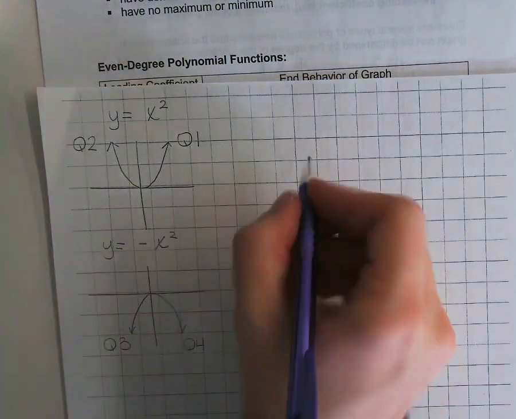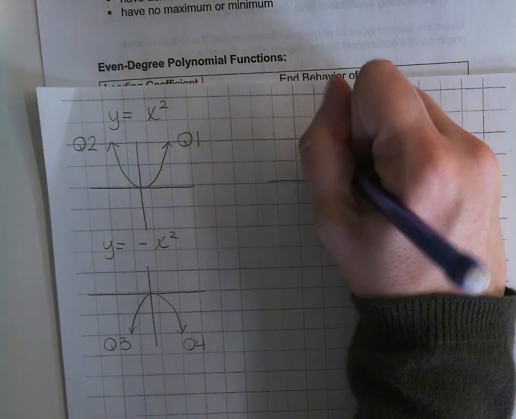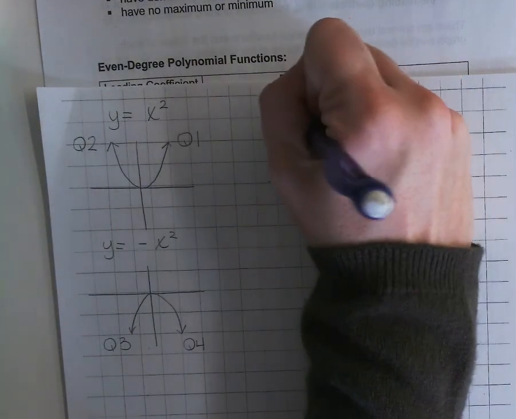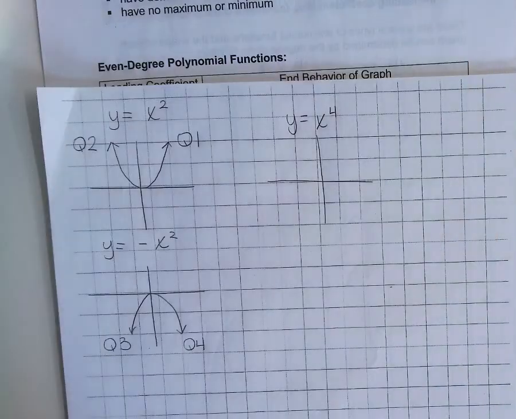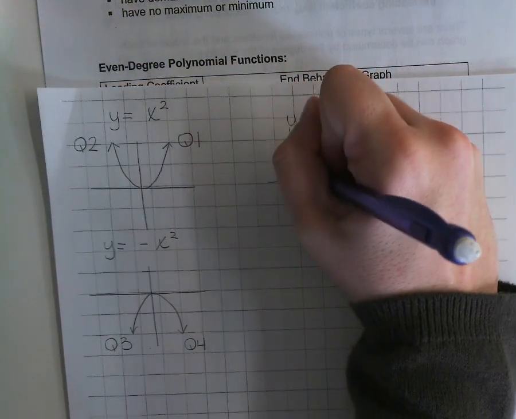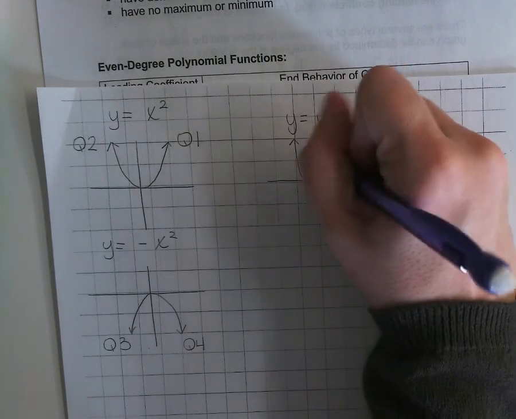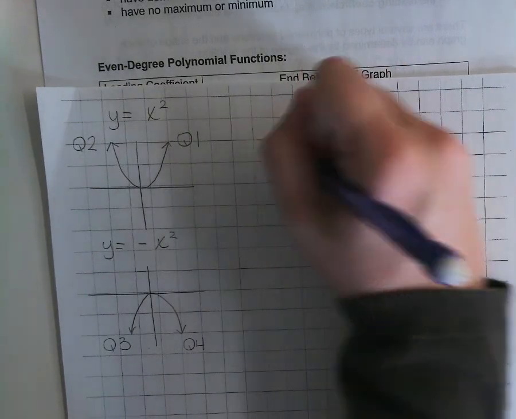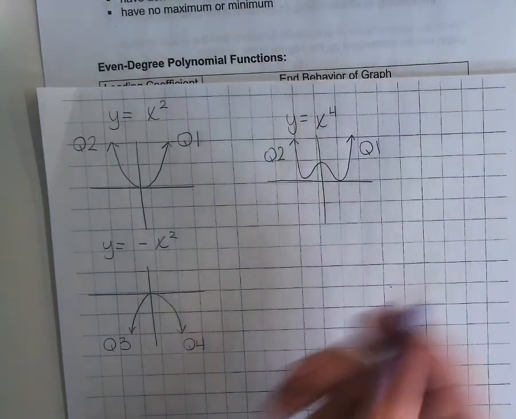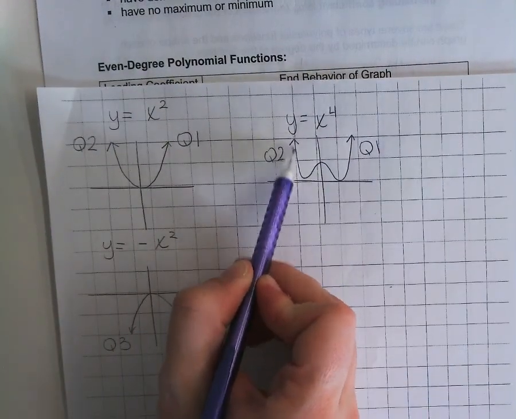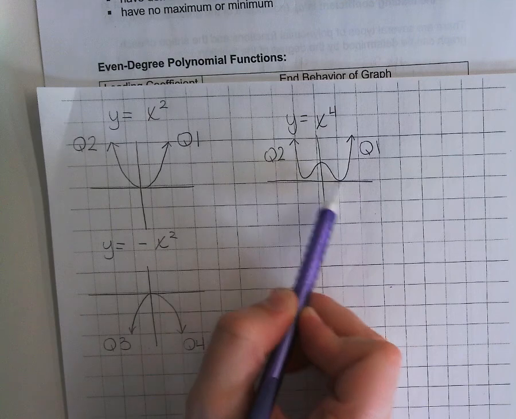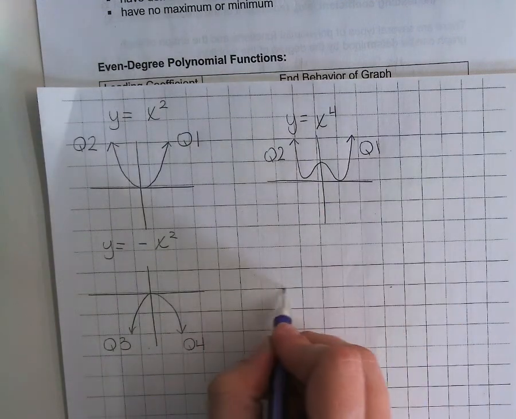The same is true when we have x to the power of 4. This graph goes from quadrant 2 to quadrant 1. You'll notice that there's a little bit of variation in the middle of the graph, but the end behavior, where this graph extends from and goes to, is the same.